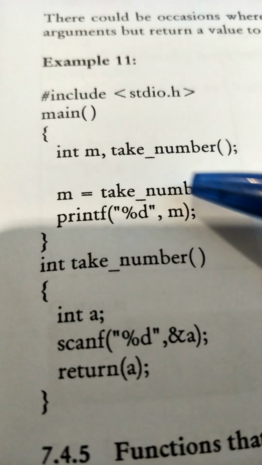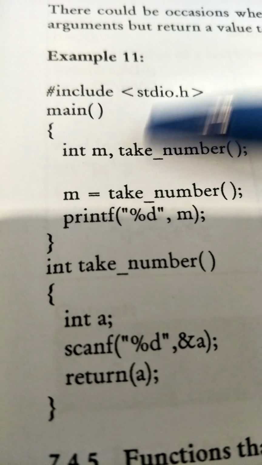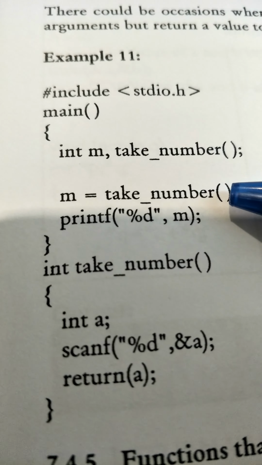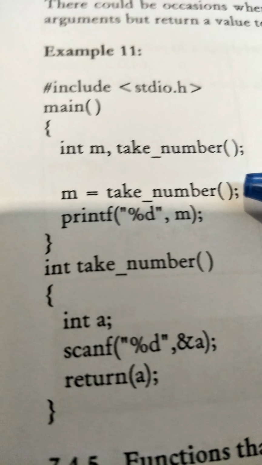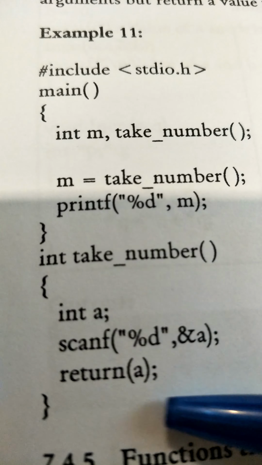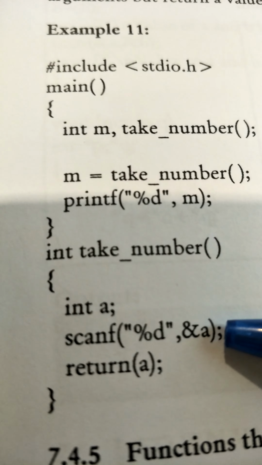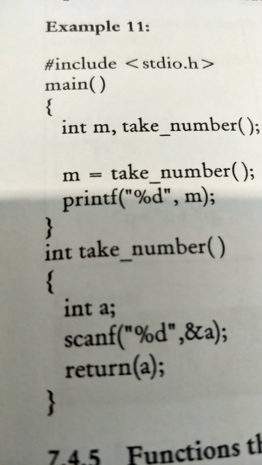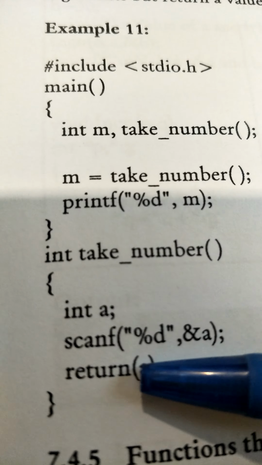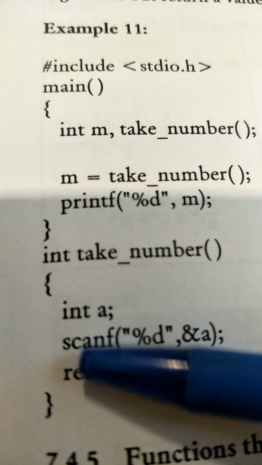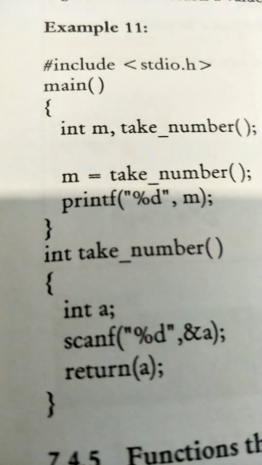If you take number here, it is a function, so it goes to that function. In that function we just use scan, which means we read the data, and then return the value A. This A is given to M, then we print out M.